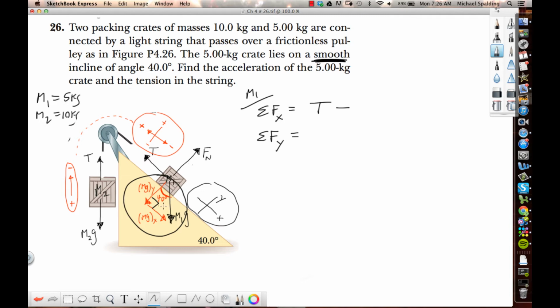What's the hypotenuse of that triangle? This triangle that I circled. What's the hypotenuse? m1g, the black vector there. All right, so how do we get mgx? mgx is going to be sine 40 m1g.